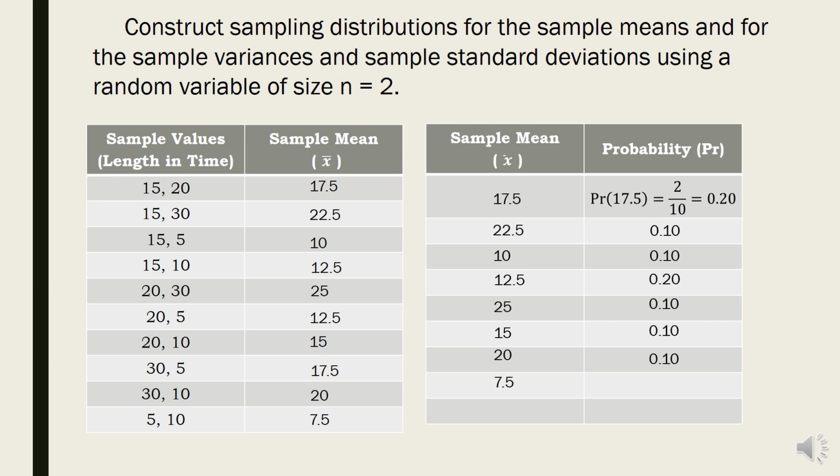Then 7.5, there's only 1 out of 10, so 0.10. Always remember, class, that the sum of all the probabilities in the given set must be equal to 1.